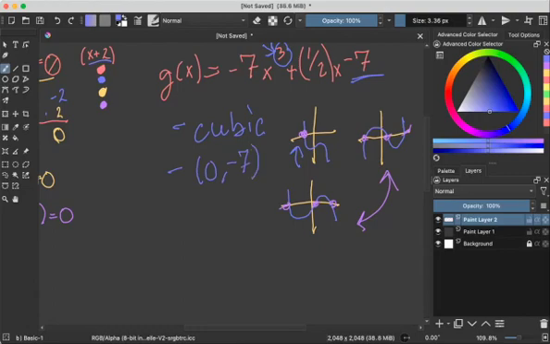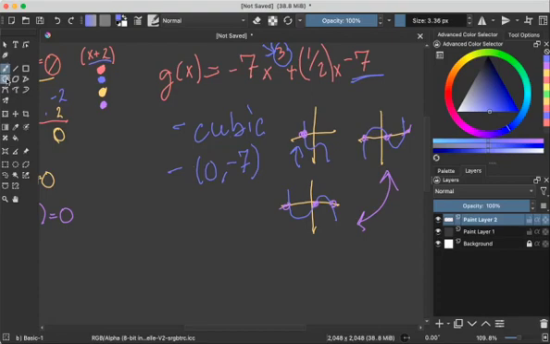So the y-intercept is the point where the graph intercepts the y-axis. In this case, the intercept is 0, -7, meaning it passes through the point of 0, -7. Self-explanatory.